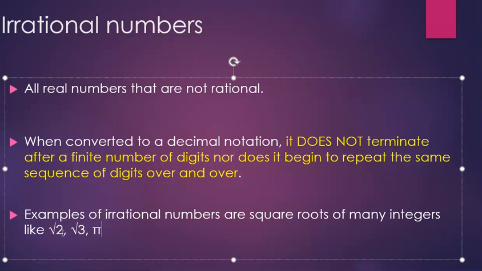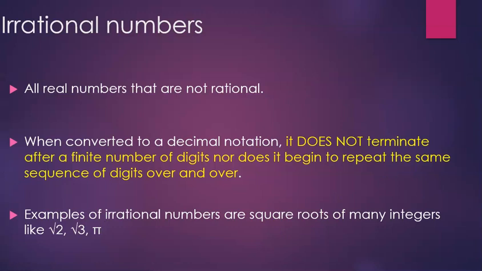For instance, square root of 2 also goes on to an infinite number of digits after the decimal point. However, other square roots, such as square root of 4, which is 2, turn into a rational number because it reduces to 2.0.